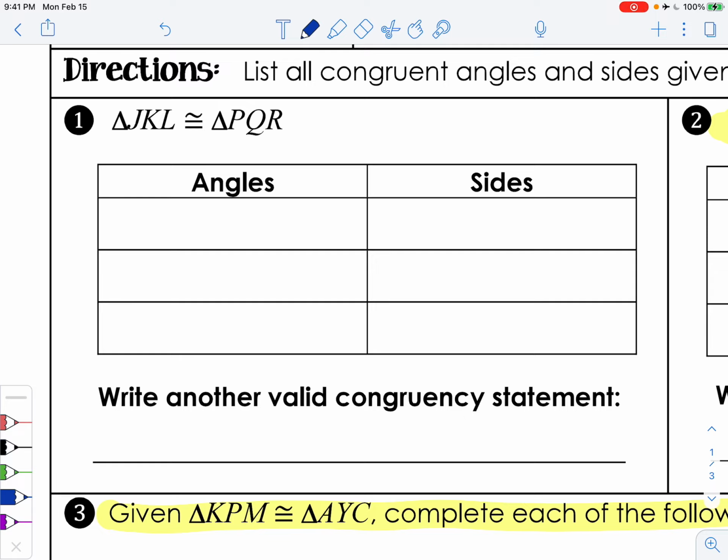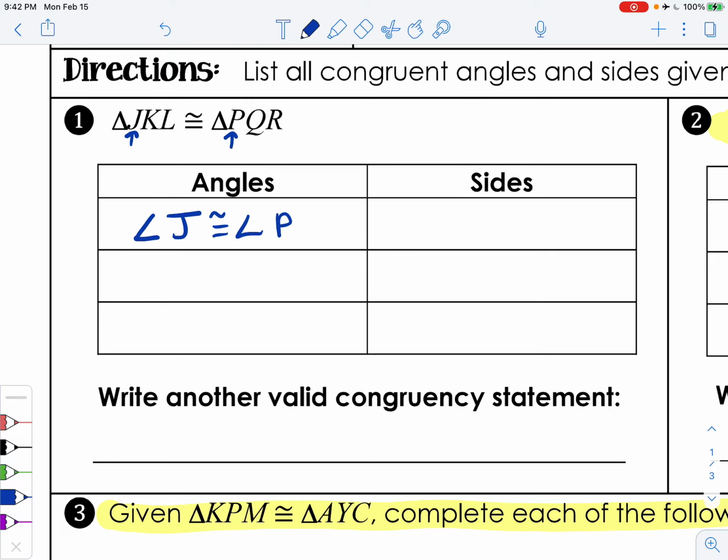I'm going to look at the first letter in the first triangle and the first letter in the second triangle. So we've got J and P. That means those are corresponding parts, so their angles are congruent. So we can write an angle congruency statement. What does that look like? We said angle J is congruent to angle P.